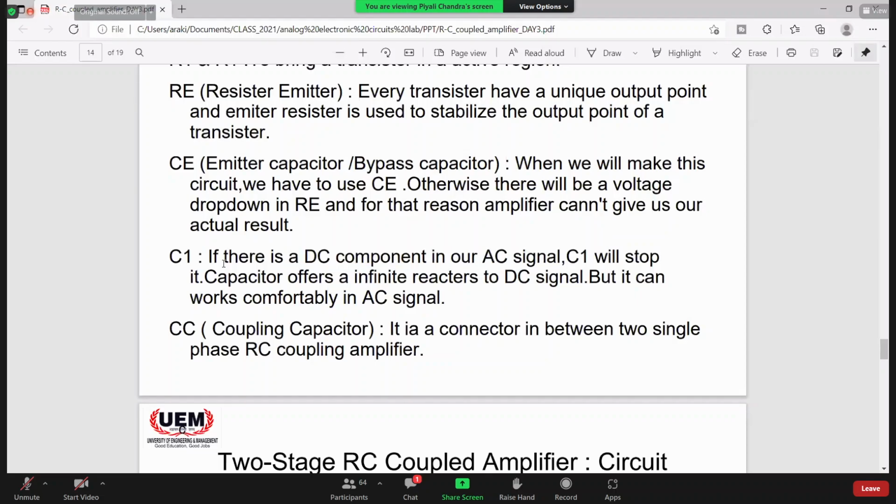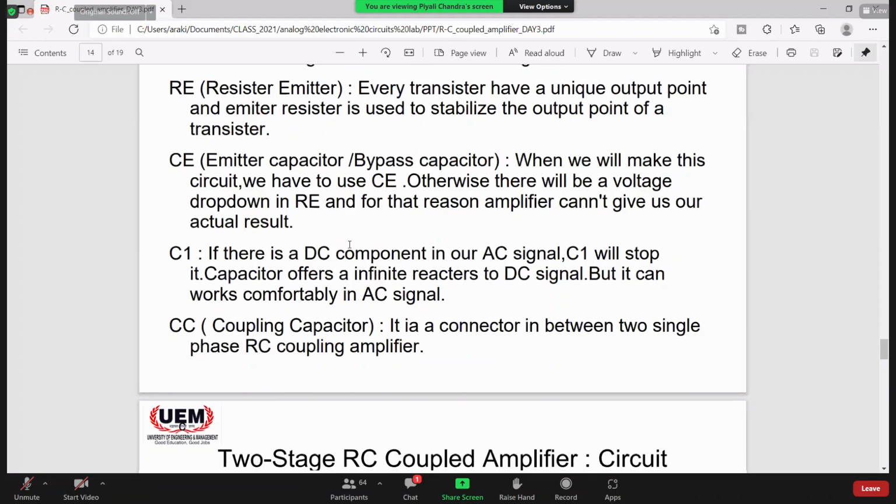So there will be a huge voltage drop. That's why the capacitor offers an infinite reactance to a DC signal, but it works comfortably with an AC signal. So we connect C1 to filter the DC component basically.